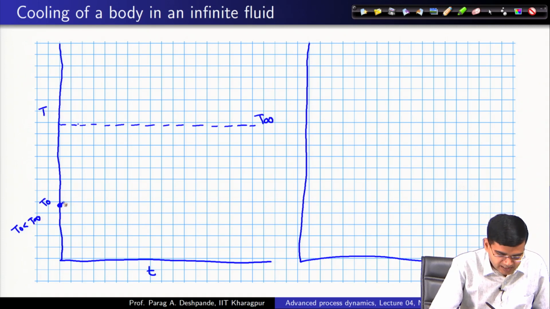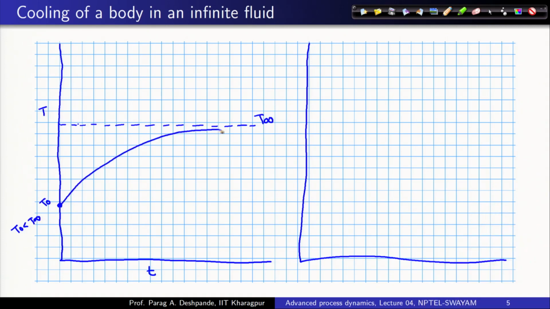I am going to rise, not exponentially, I am going to rise like this, and therefore, for different T i's, T 0 1, T 0 2 and so on, my phase lines would look like this.